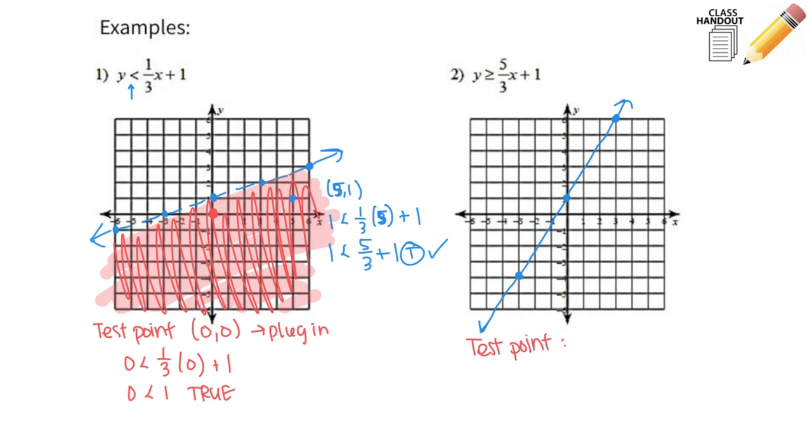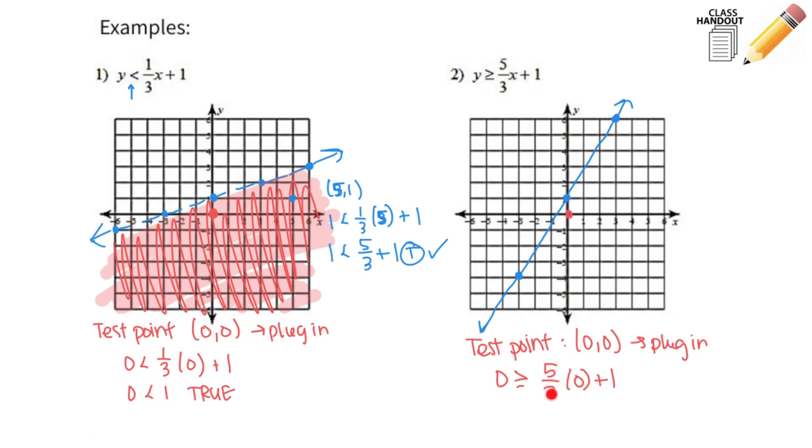And like I said, as long as 0, 0 is not on the line, that's going to be the easiest point to pick. So there's my point, so we're going to plug it in. So it's going to be 0 is greater than or equal to 5 over 3 times 0 plus 1. The other reason why 0 is a good number to pick is because you multiply anything times 0 and it's 0.